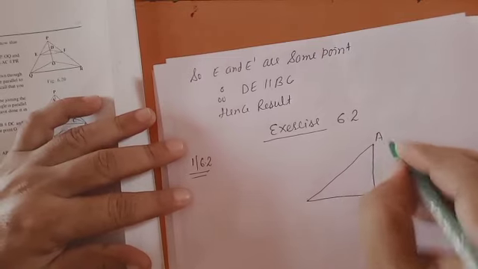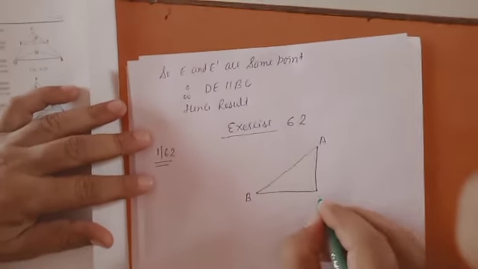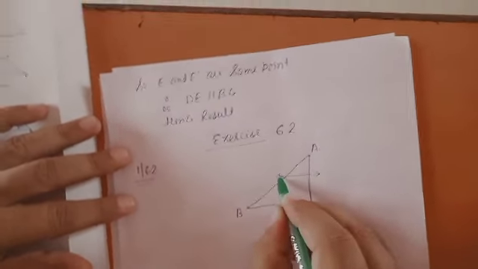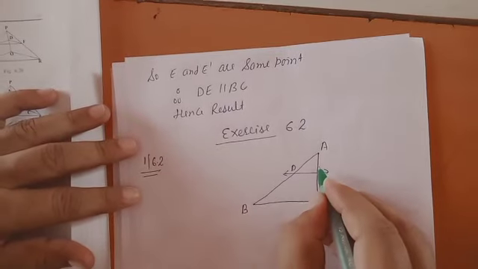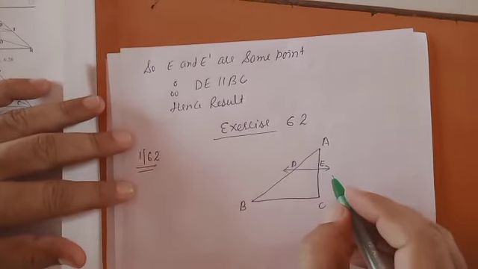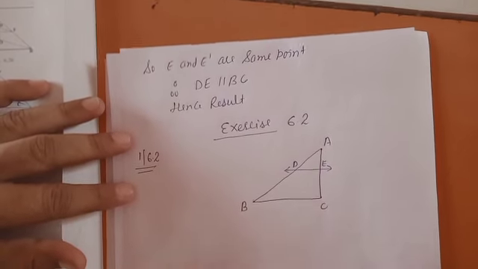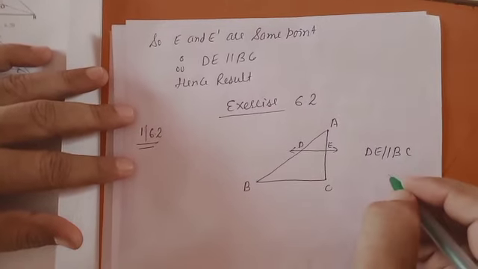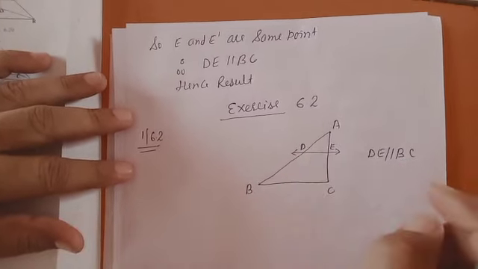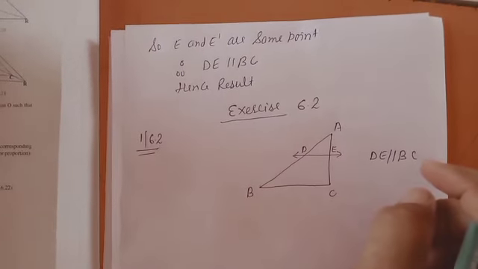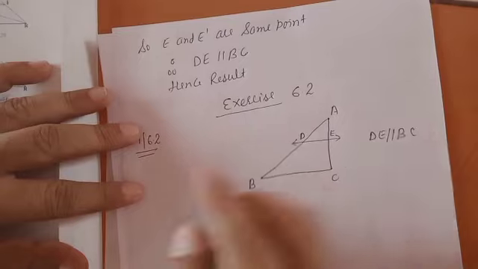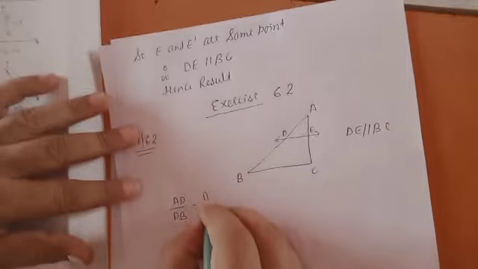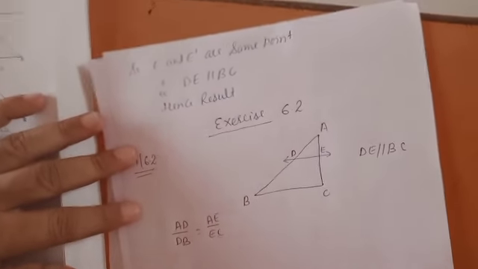This point is A, B, and this is C, and this is D, and this point name is E. And what's given? DE is parallel to BC. If DE is parallel to BC, so by theorem, what can you say? AD by DB is equal to AE by EC.